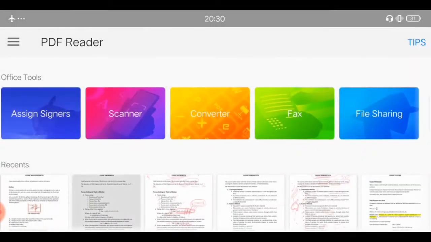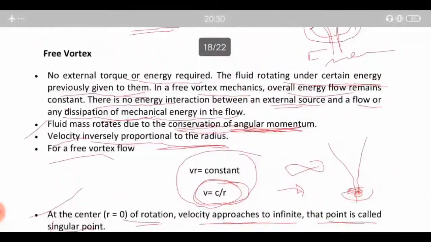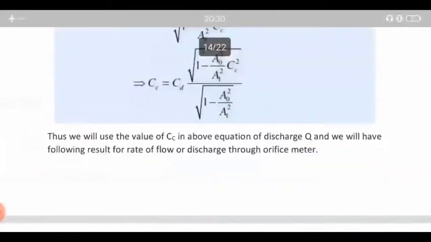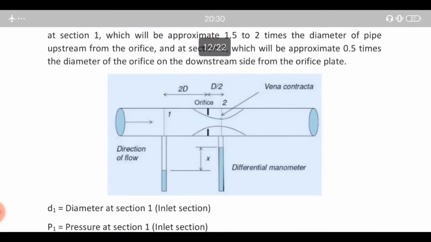In orifice meter, this is a figure of the orifice meter.